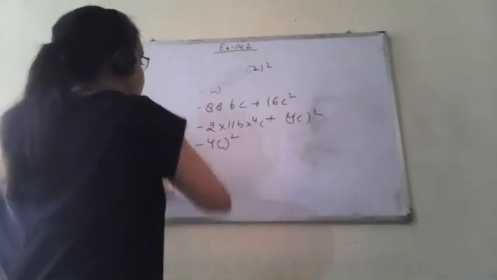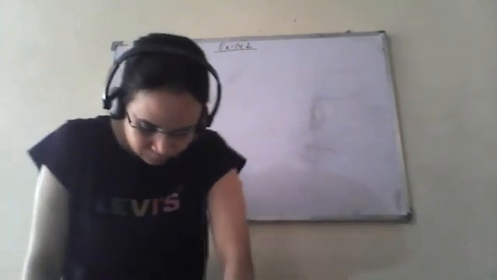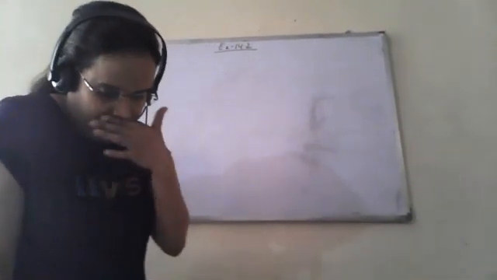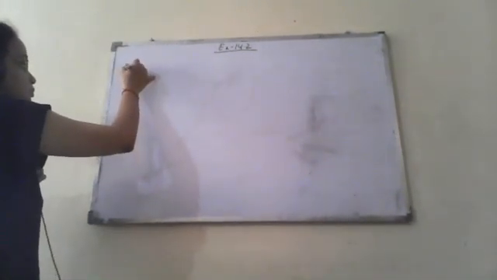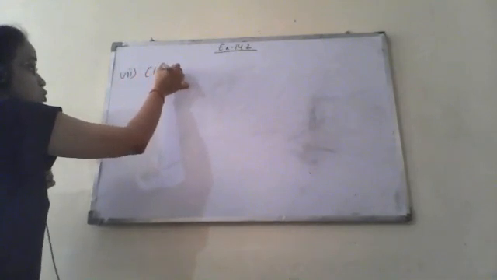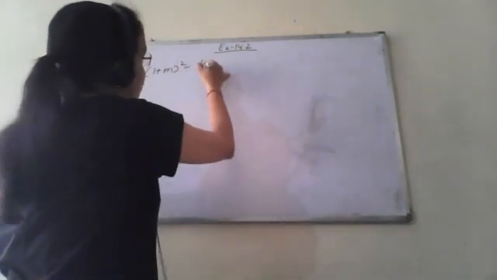Now seventh part of this question is (l plus m) whole square minus 4lm.